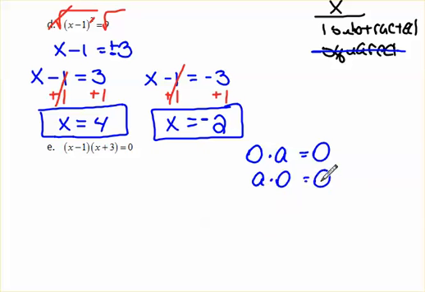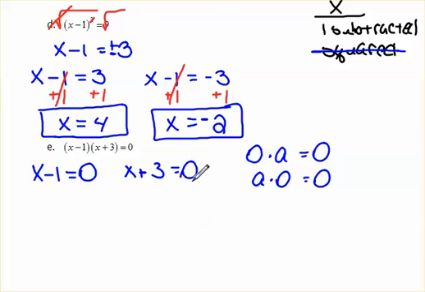So the only way you can get 0 as an answer is if one of the factors, or both, would happen to be 0. So what we're going to do is use that idea, and this is called the zero product property, for those of you who've forgotten it. So here we have either x minus 1 has to turn out to be 0, or x plus 3 has to turn out to be 0.